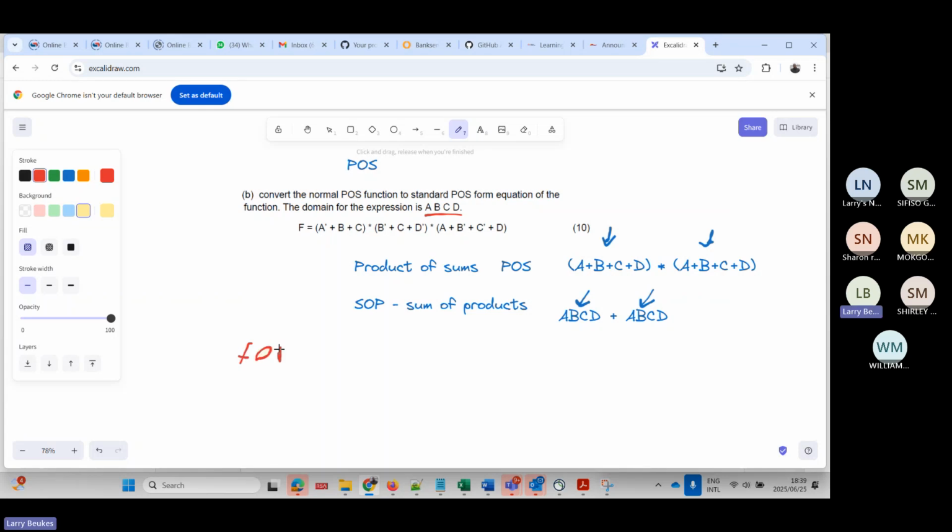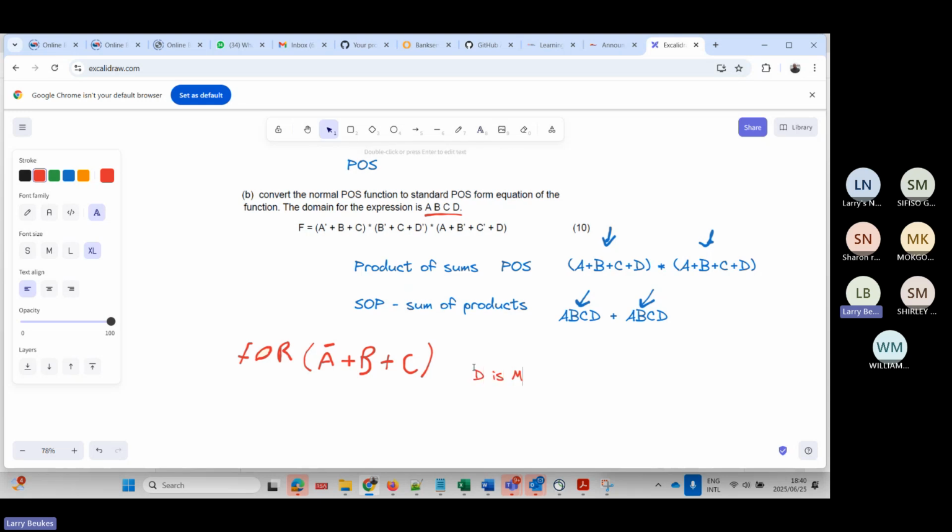So we can say A naught or B or C. For this one, we know what is missing. What is missing? D is missing, right?